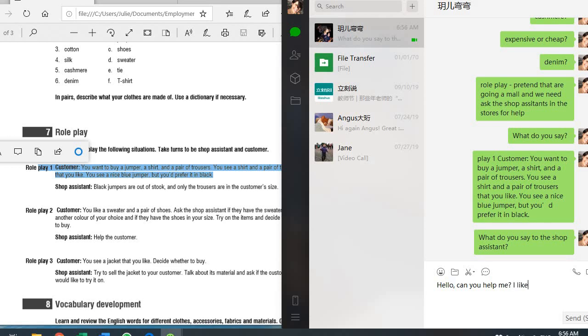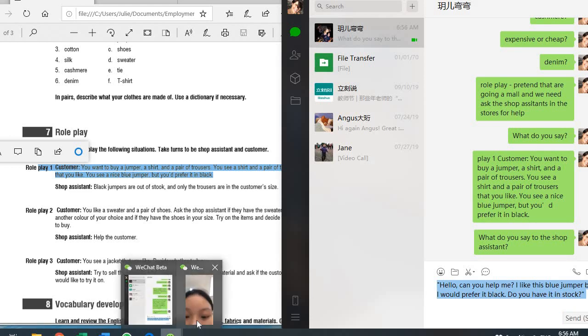I would say, why did you recommend the black? It's not sure about the colors that you like, the shirt with the trousers, the trousers that you like with a nice blue jumper that you prefer.